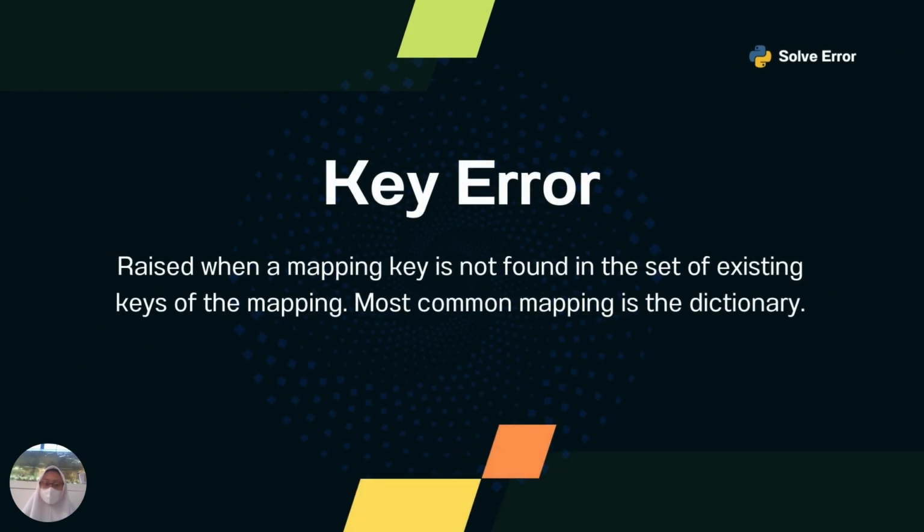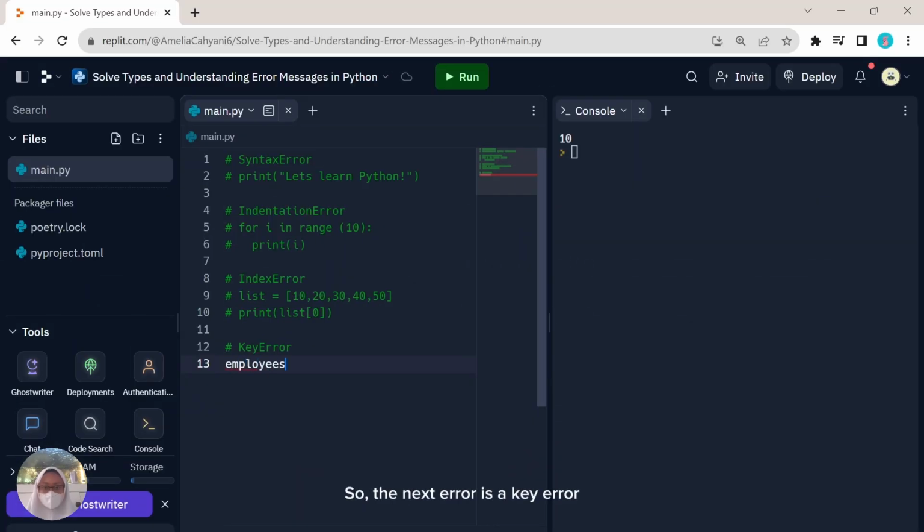It is key error. Key error is raised when a mapping key is not found in the set of existing keys of the mapping. The most common mapping is the dictionary. So the next error is key error. Here's an example of Python key error raised when trying to access a dictionary item that does not exist.